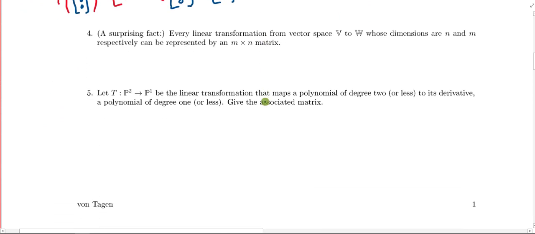The maybe more surprising fact is that every linear transformation from one vector space to another can be represented by an m by n matrix, where n is the dimension of my domain space and m is the dimension of my range space. So let's say that again. Let T be a mapping from V to W, and let this be a linear transformation.